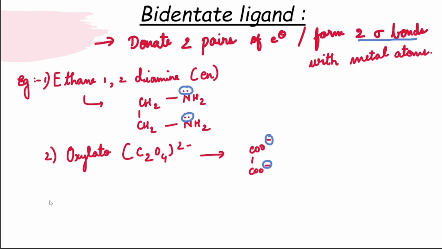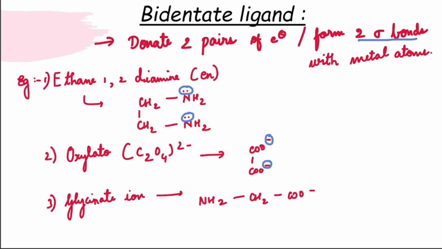Another example is the glycinate ion. The structure is NH2, CH2, COO minus.